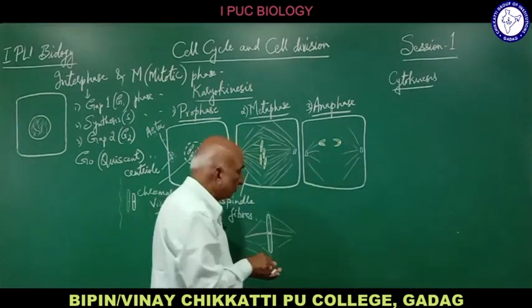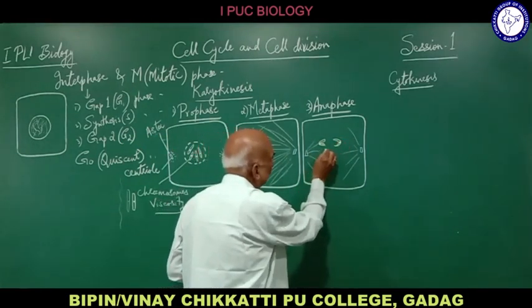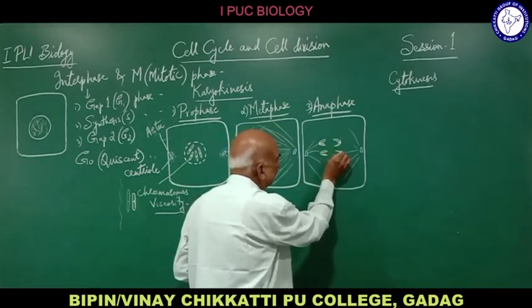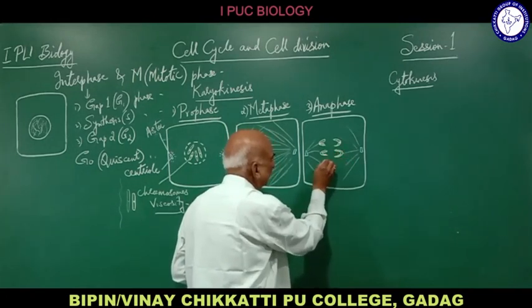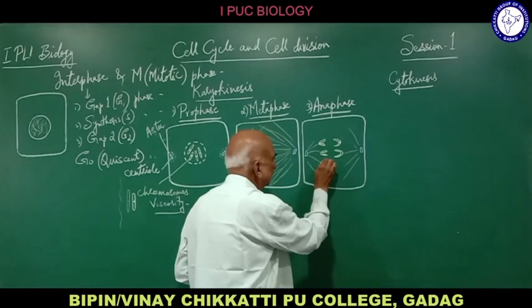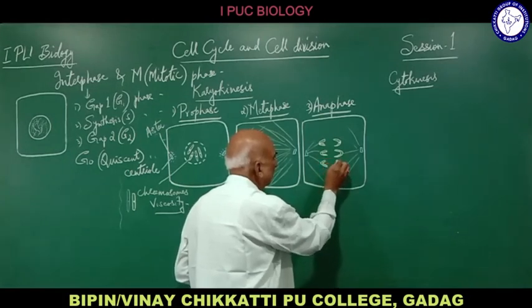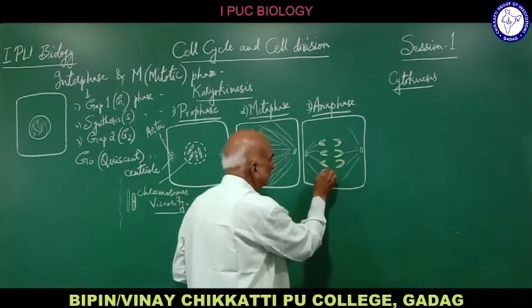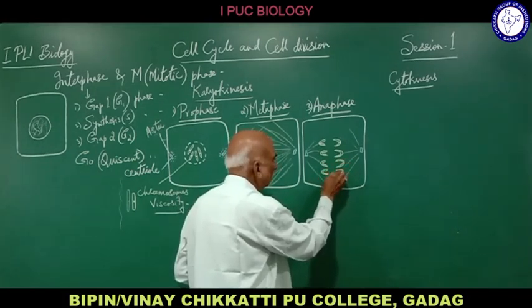This is how the chromosomes look. They appear V-shaped or somewhat J-shaped. J-shaped means like this, or V-shaped.